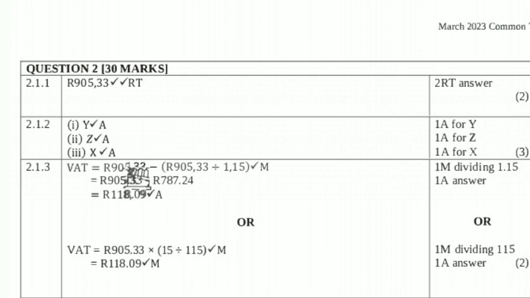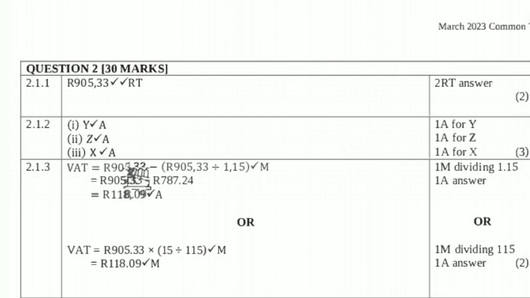In fact, if you study physics, you're actually studying pure maths. If you study other subjects like history, it's going to be a bit difficult for you because you don't deal with numbers most of the time. So you say 905.33 multiply, then you say bracket 15 divide by 115%. Remember, we are trying to find the VAT that is charged, so we use 115.